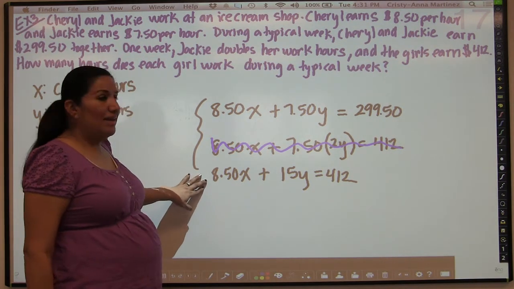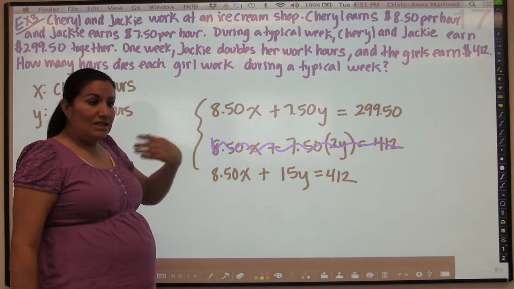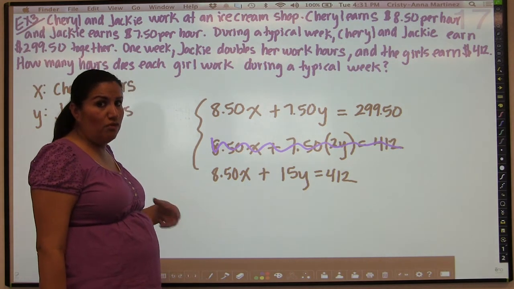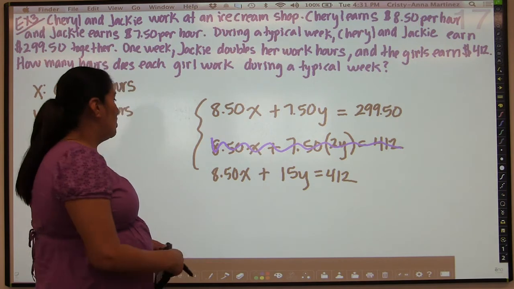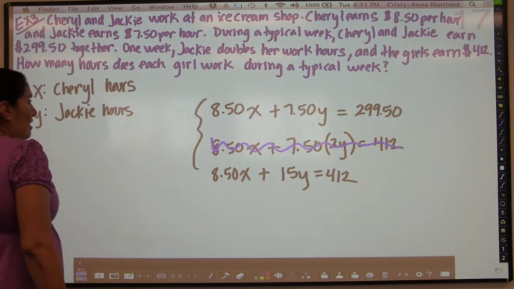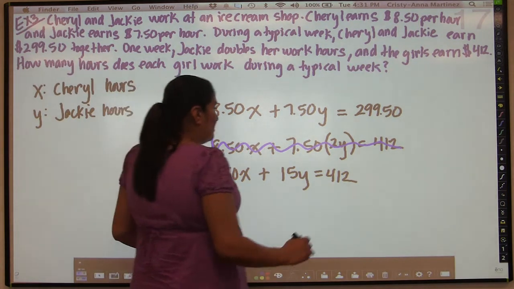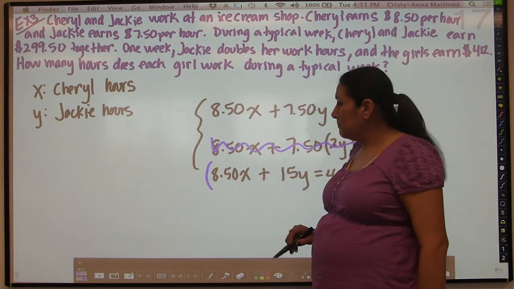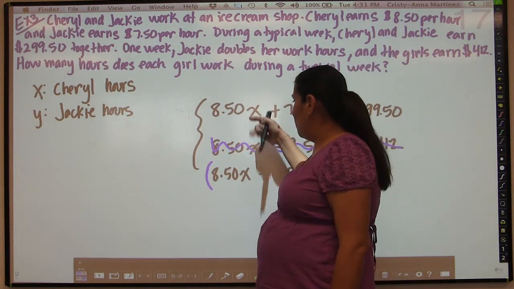So this is where we start getting into the next stage of problems where you have to start doing something to the equations before you can get them to cancel. So what you want to do is you want to multiply one of the equations by something in order for them to cancel, because you want one to be positive and one to be negative.